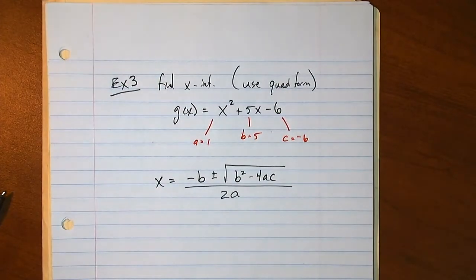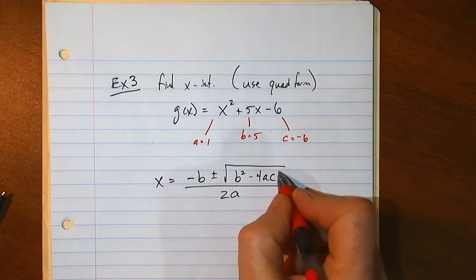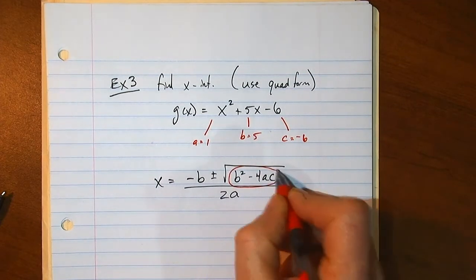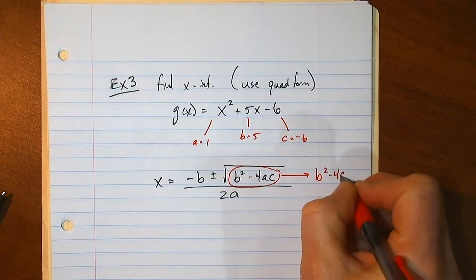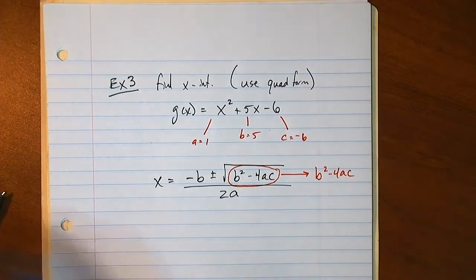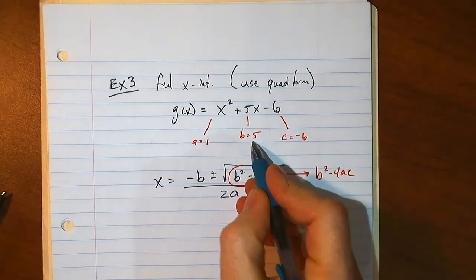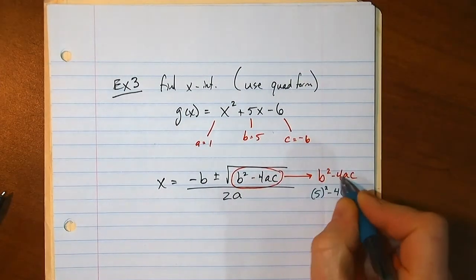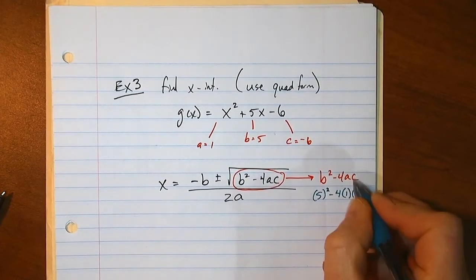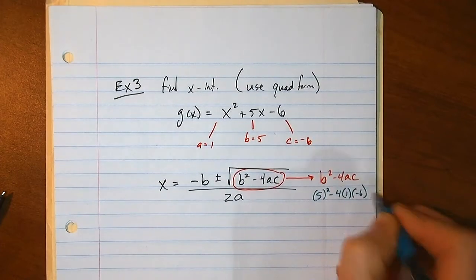What we did first was find the answer for the stuff inside the square root. That was called the discriminant. So b squared minus 4ac. In this case, b is equal to 5, so 5 squared, remember parentheses are important. A is equal to 1, and c is equal to -6.